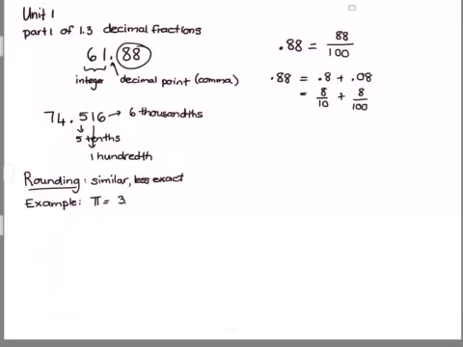Pi is 3.1415926535, and it goes on forever. So actually we can never write the exact value of pi because it's a never-ending number.